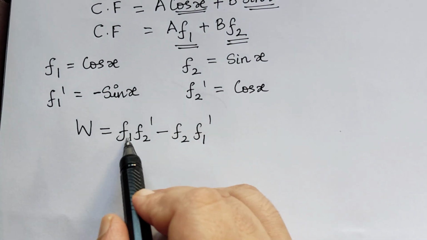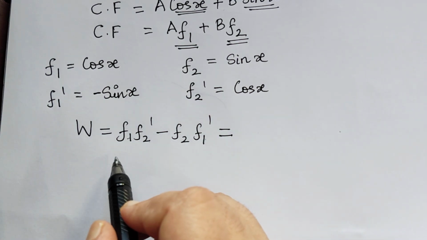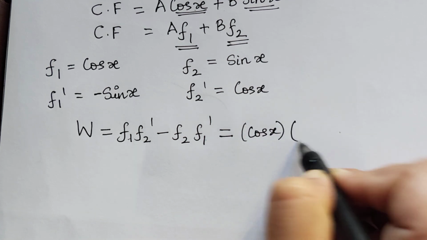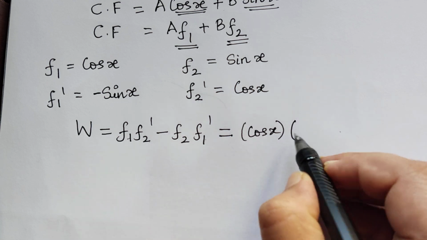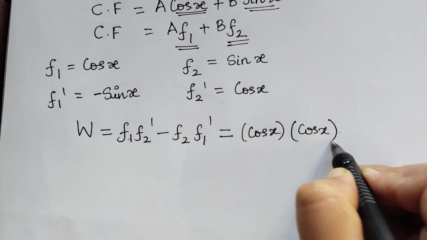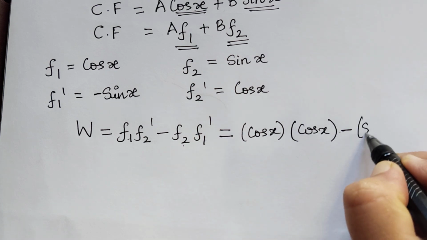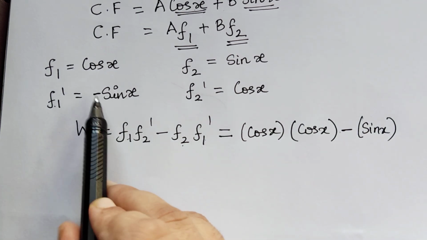Now we shall substitute these values. f1 is cos x, multiplied with f2 dash, which is also cos x, and then minus f2, which is sin x, multiplied with f1 dash, which is minus sin x.